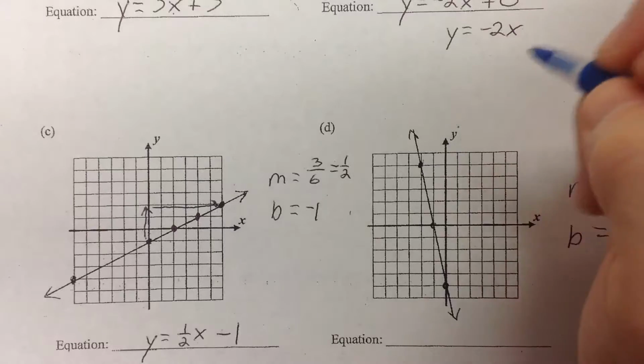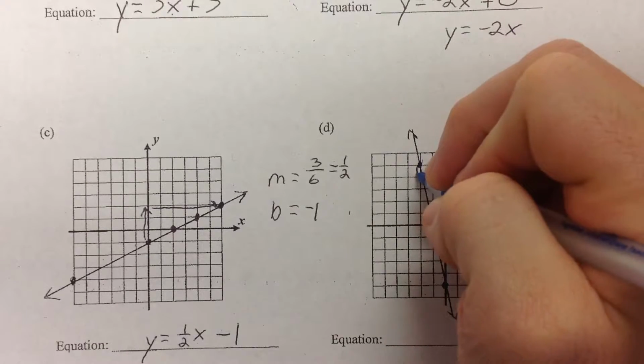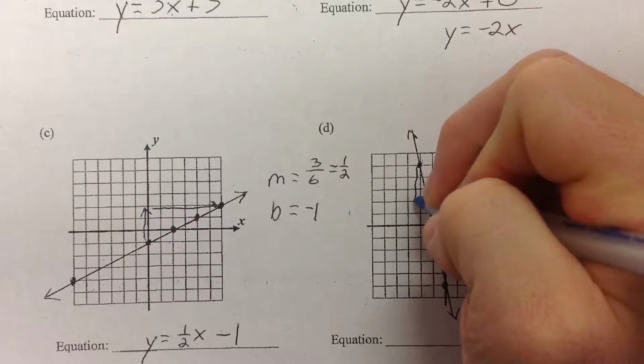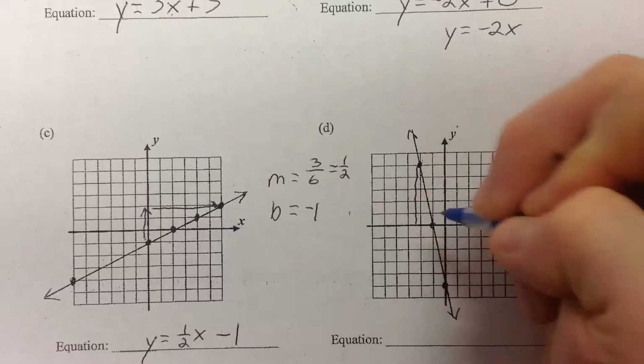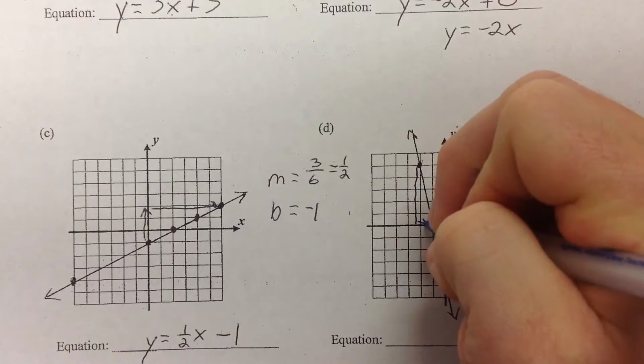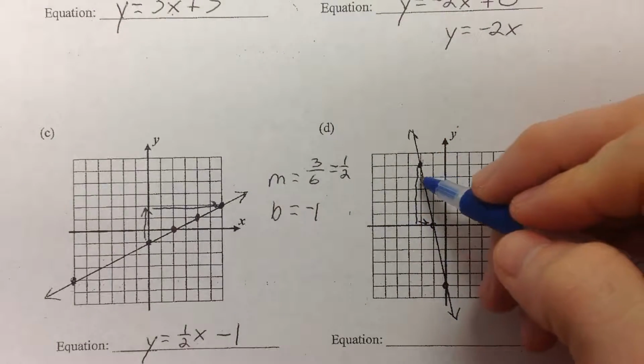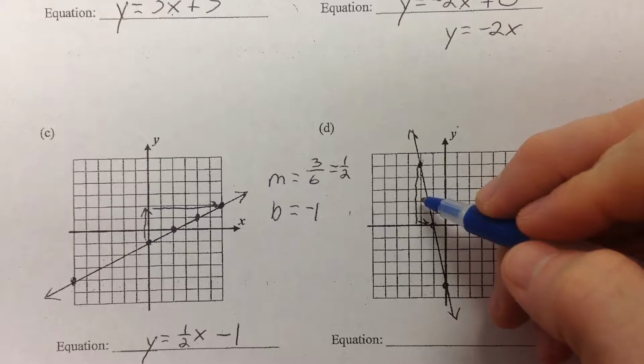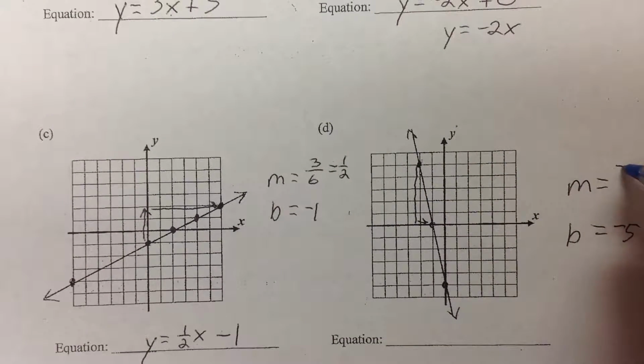And then our m, again, left to right, like I'm reading a book, down 1, 2, 3, 4, 5, and then over 1. So because I was going down 1, 2, 3, 4, 5, that's going to be a negative 5 over just 1.